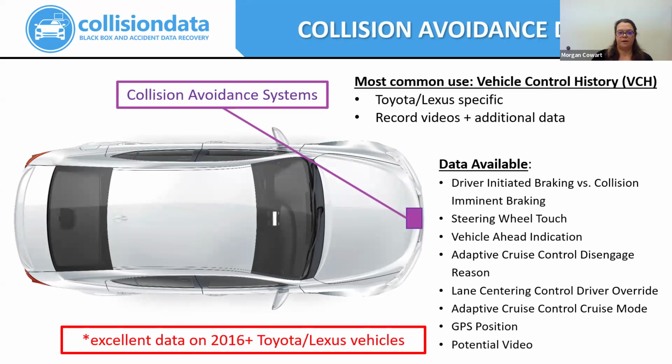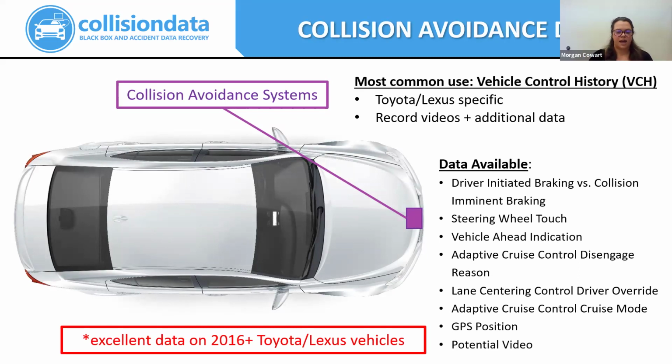So the third type of data that we can collect is a collision avoidance system, or a VCH download. Like infotainment was specific really to Ford and Lincolns, you're going to get VCH downloads from newer Toyota and Lexus, 2016 and newer.